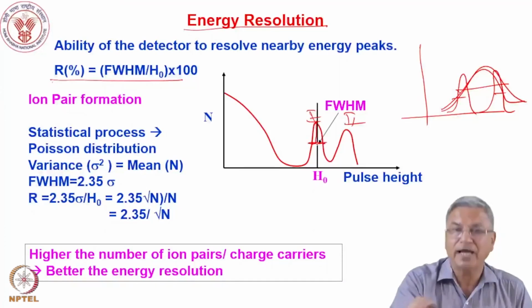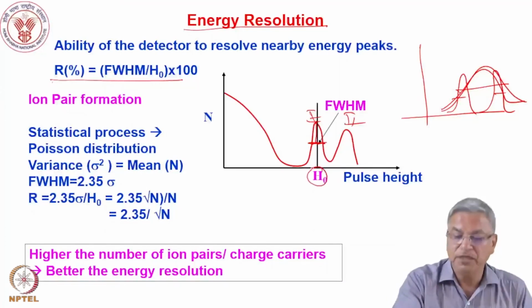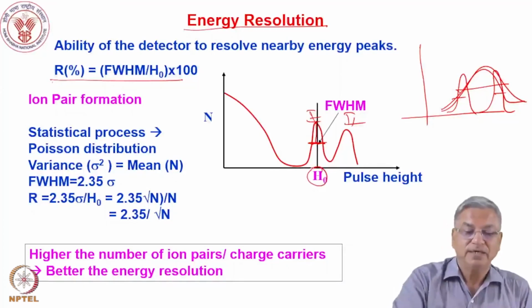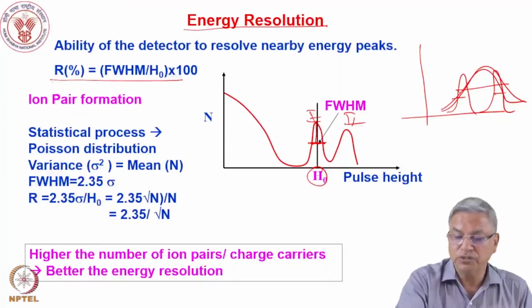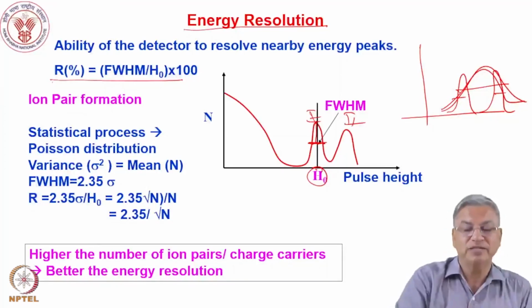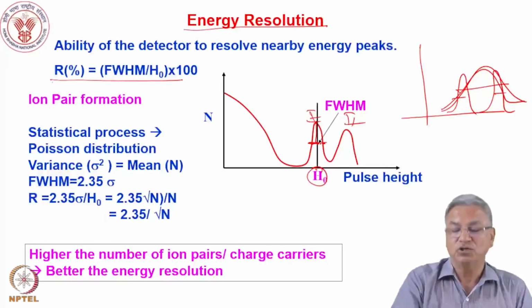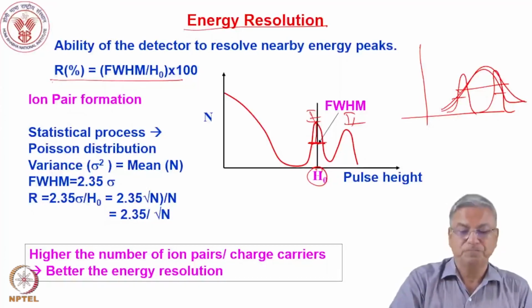R is FWHM upon H0 into 100, where H0 is the mean value of the pulse height. They have the same unit, so it's in terms of percentage. This is how we define the resolution. So the lower the value of R, the better is the resolution. So FWHM has to be as low as possible.